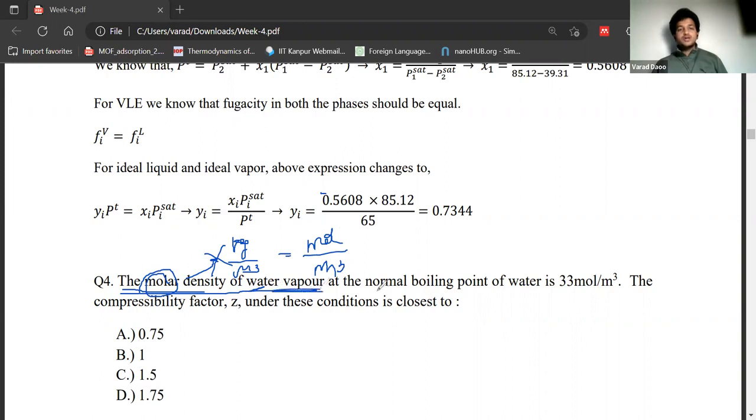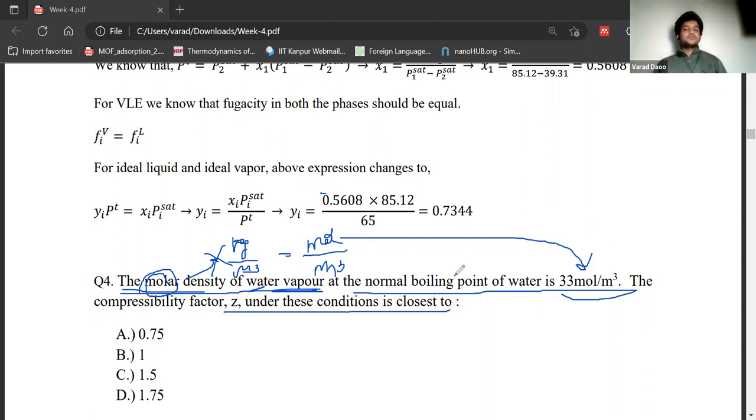Okay, it's a gas phase, at the normal boiling point of water is this. So the unit is mole per meter cube. The compressibility factor Z under this condition is closest to what? The hint which I am giving is, remember what is the normal boiling point of water.